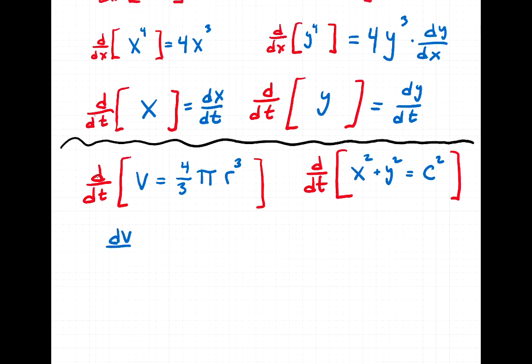So the derivative with respect to t of v is dv over dt, and that's equal to, well, 4/3 is a constant, pi is a constant, and now the derivative of r cubed, just like up here the derivative of y to the 4th, the derivative of r cubed is 3 times r squared times dr over dt. And then if we needed to, we could do something with this. The 3's cancel, and depending on the problem, we may want to solve for dr dt or leave it in this form.